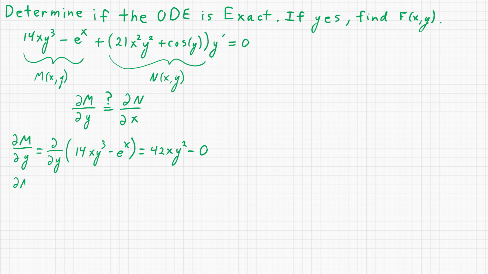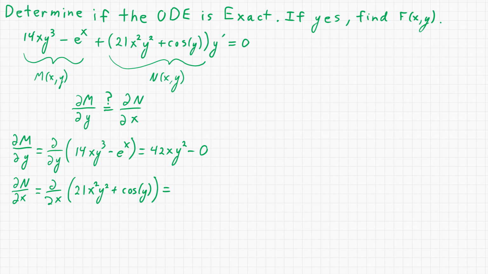And then we have next partial N partial x equals, okay, partial x applied to up here, let's see, 21x squared y squared plus cosine y. So partial x applied to 21x squared y squared.